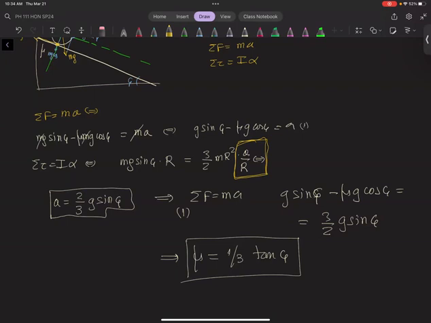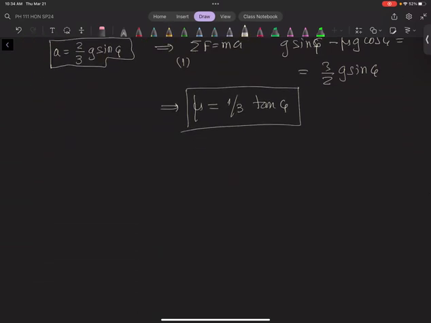Does this sink in? Now, but in order to have pure rolling, in order to stay pure rolling, we need this friction coefficient. You guys with me? But now, the way we're approaching things, let me ask you this.